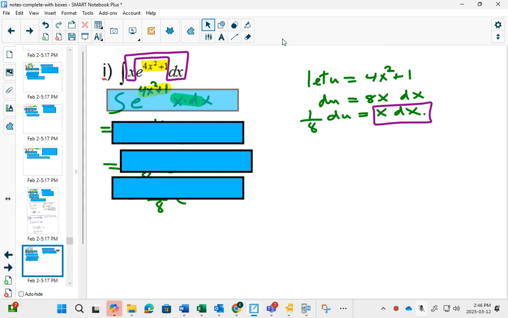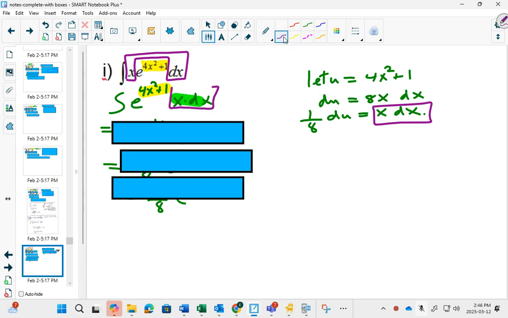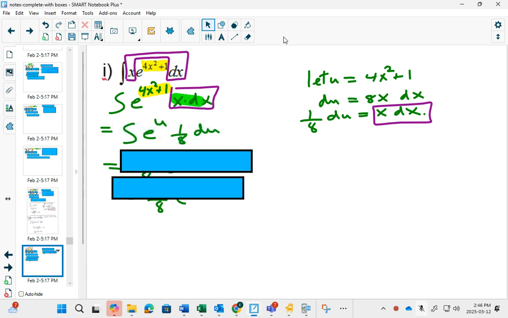I could have written it that way so the purple box was nicer, right? If I rearrange my equation, I can make the purple box fit nicer there. And then when we substitute in, we just have an extra 1/8. But coefficients, constants, don't affect our integration. That 1/8 stays there.